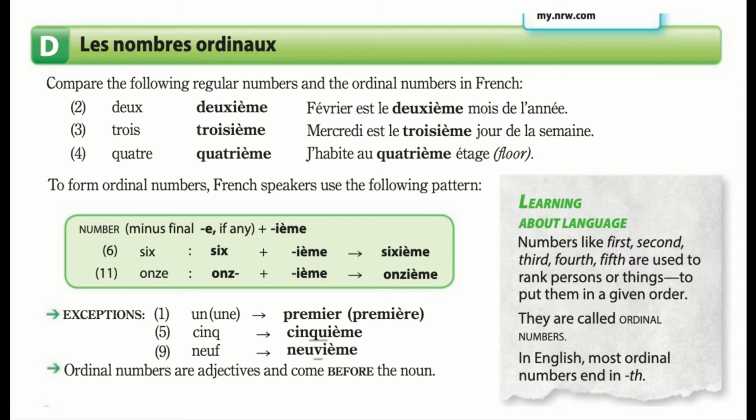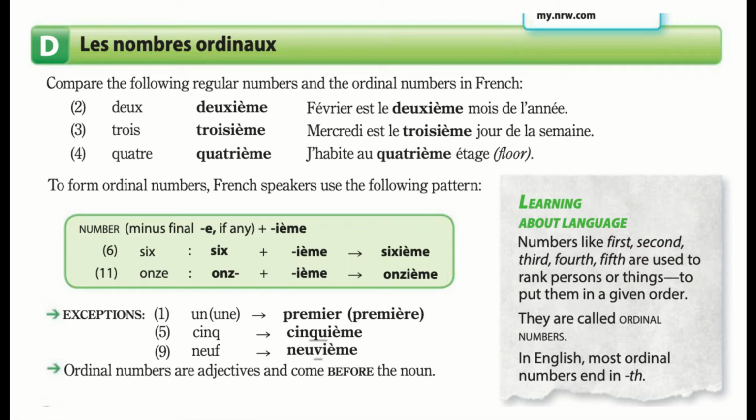Comme j'ai indiqué dans l'autre vidéo, l'introduction, même moi, je confonds toujours les nombres cardinaux et les nombres ordinaux. Je comprends les différences, mais cardinal, ordinal, even me, I get them mixed up. So, cardinal, les nombres cardinaux, looks like the bird, right?